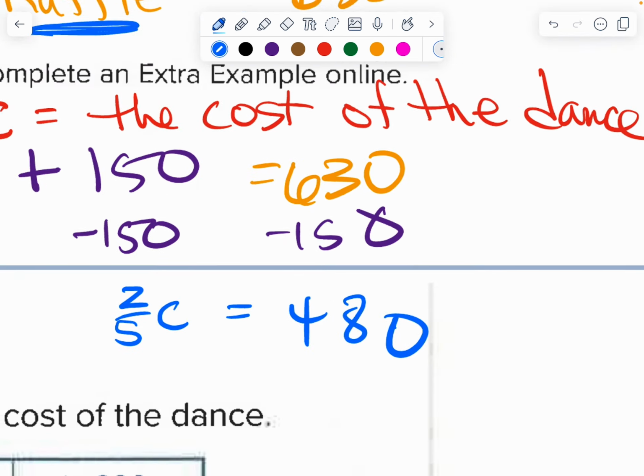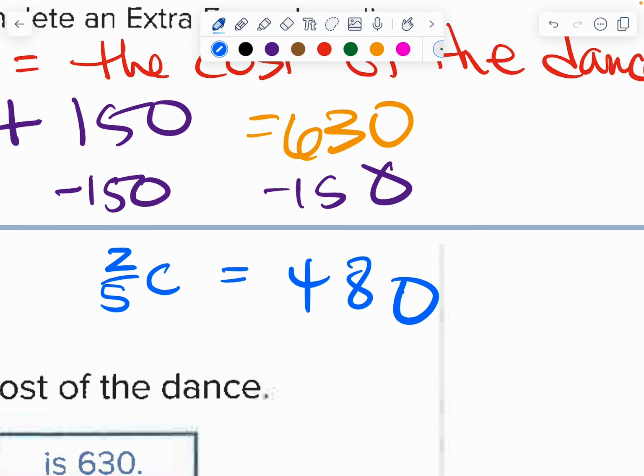Now, as we look at this, some of you are like, oh no, I don't like this. I personally have no problem multiplying by the reciprocal. And so I'm going to multiply by the reciprocal because we don't divide fractions. We multiply by the reciprocal, like so.